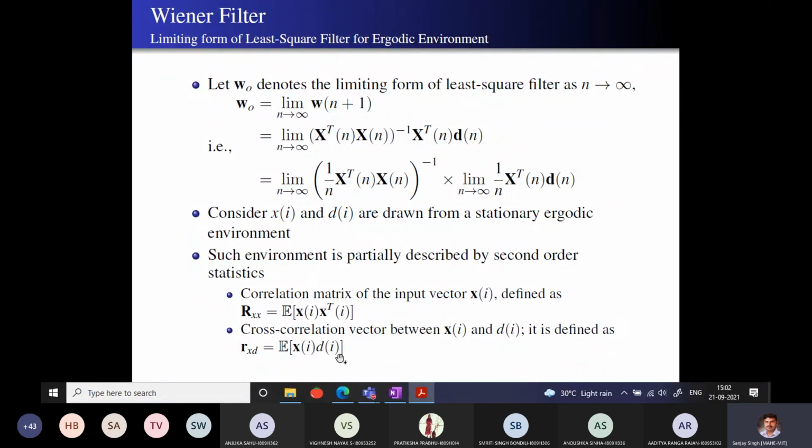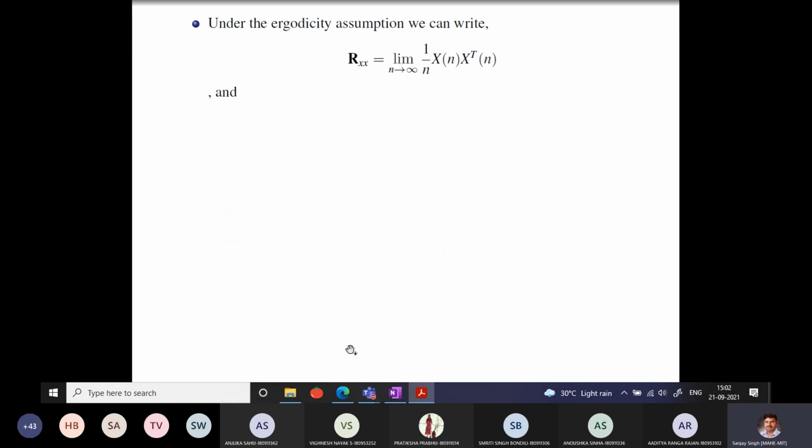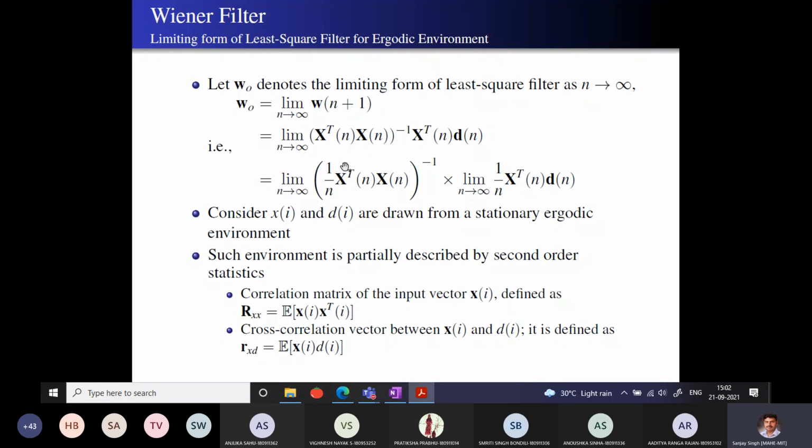Once we have this, under the ergodicity assumption only, it is possible to switch that inner product form, which is mentioned here as an inner product. It is not always the case. For a non-stationary case, I cannot switch the transpose like this. I cannot write the inner product of two matrices as an outer product of two matrices. This is possible only if your process is ergodic. Remember this.